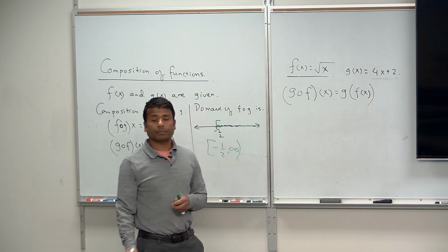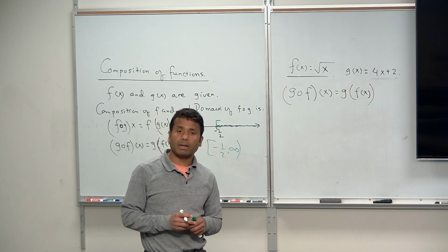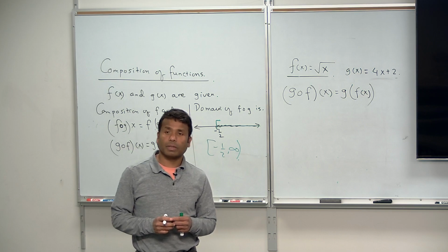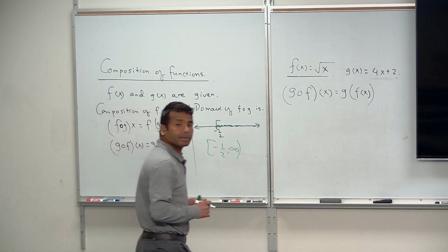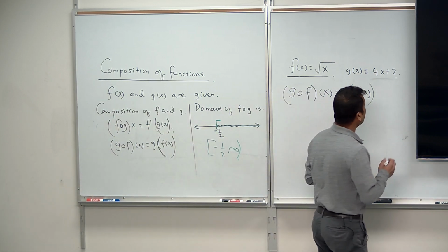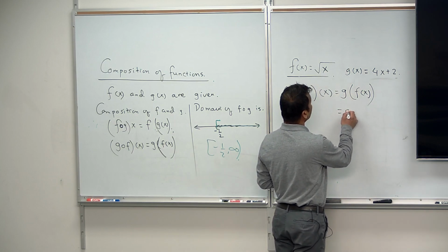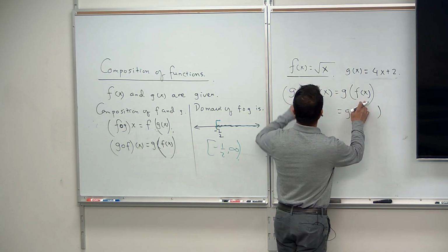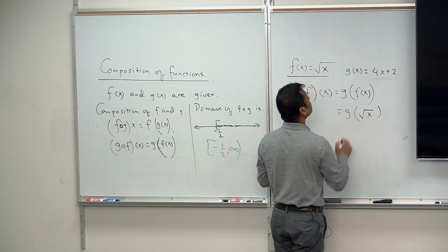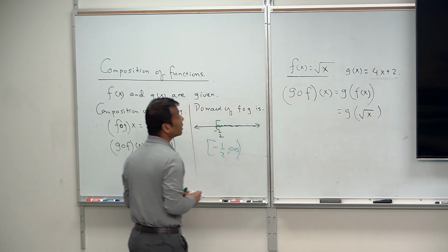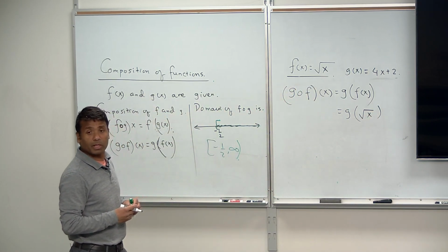F of x. Right? So this is g of f of x. And then how do you do this? What is your f of x? Radical x. Is that right? Are you with me?